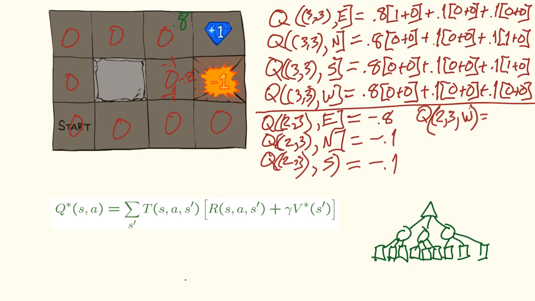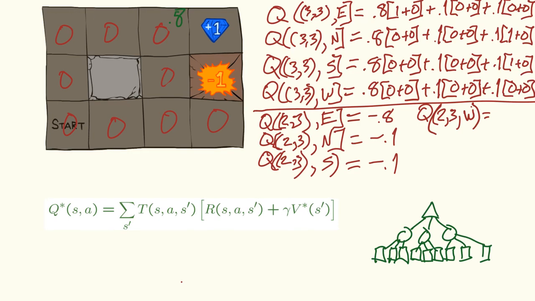So in fact, its value is 0. And so what's the Q value of this? Well, the Q value is the max of those 4 things, which is, in fact, because 3 of them are negative, the max of them is 0. So in fact, it didn't change at all.